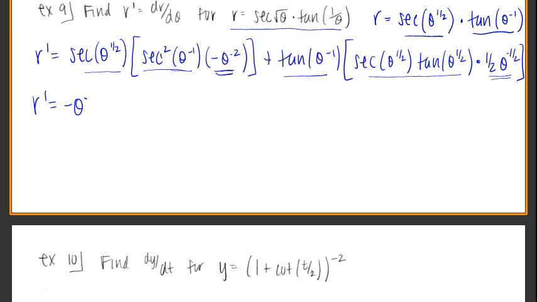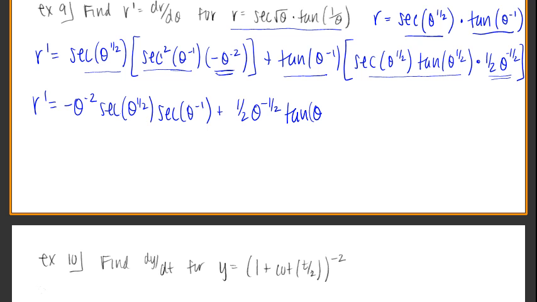So negative theta to the negative 2, secant of theta to the 1/2 times secant of theta to the negative 1, plus, let's bring that 1/2 theta to the negative 1/2 to the front. Then we just have tangent theta to the negative 1, secant theta to the 1/2, and then tangent theta to the 1/2. Guys, that's pretty much all I'm going to see. So hey, the hard part was done. That's awesome. We can call that one finished.